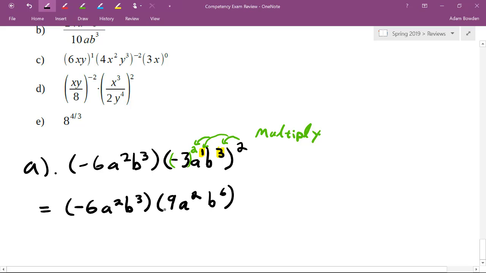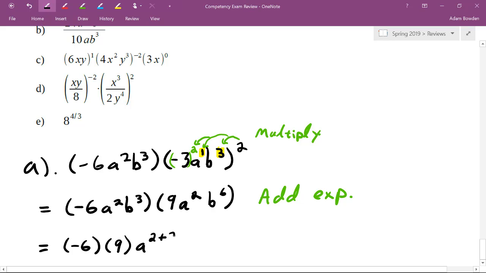Okay, now we have these two things side by side. When you have exponents on two terms that are being multiplied together, you're going to add the exponents together. So here we multiply the coefficients in front. Negative 6 and 9 will multiply together, and we're going to add the exponents.